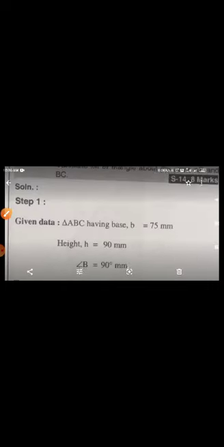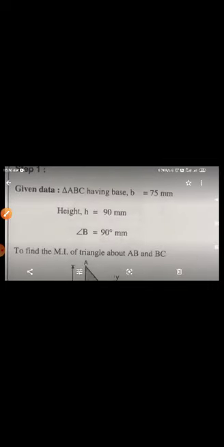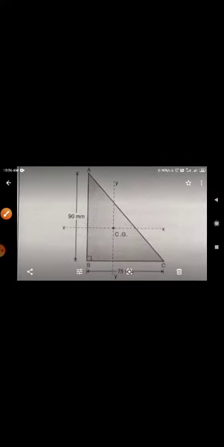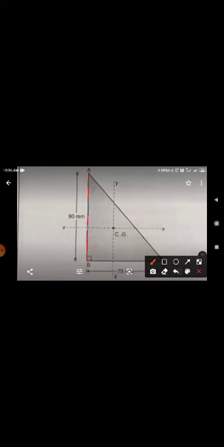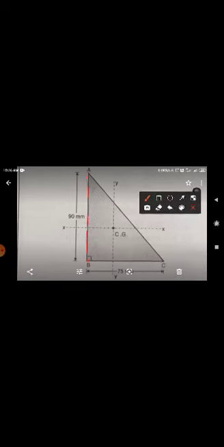Now let's see further. Triangle ABC is given, base is 75, height is 90, and angle B is 90 degree. Now we have to calculate the moment of inertia about AB and about BC.